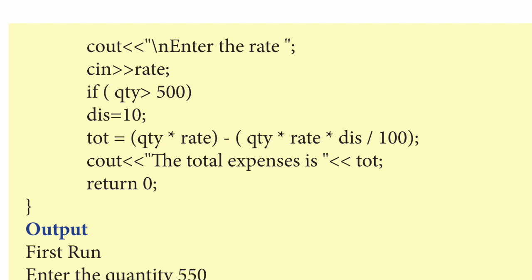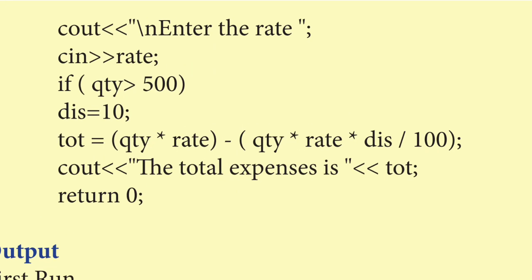So total is equal to quantity into rate minus quantity into rate into discount by 100. From the total amount, they are reducing 10% as a discount. This is the way of executing it.